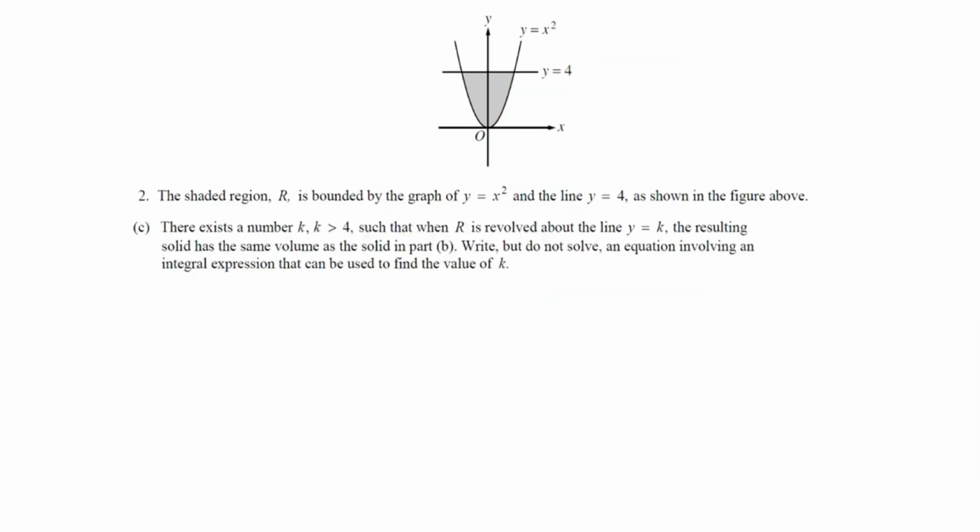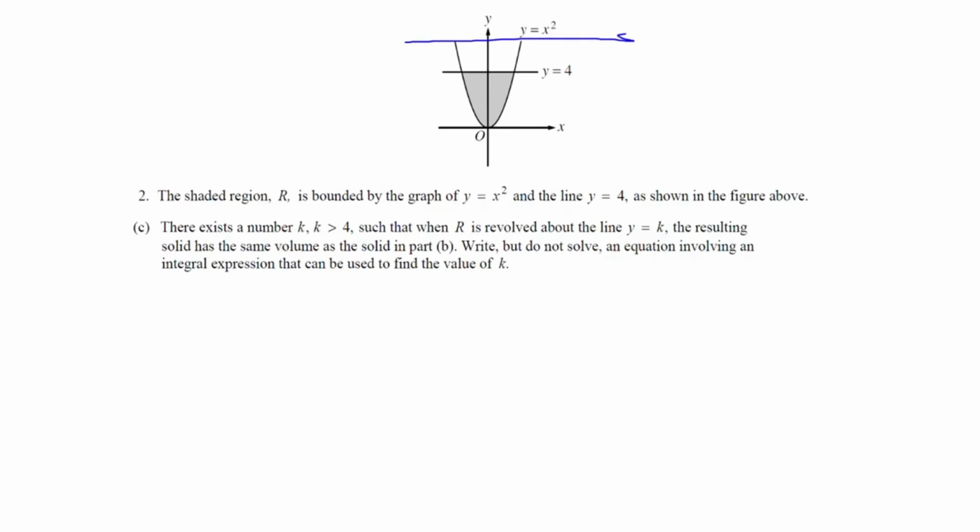And in part C, it tells us there exists a number k greater than 4, such that when R is revolved around the line y equals k, the resulting solid has the same volume as the one in part B. And it asks us to write, but not solve, an equation with an integral expression to find k.